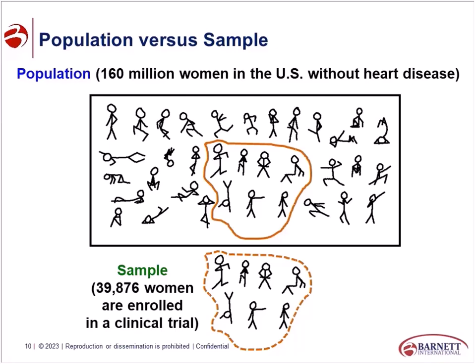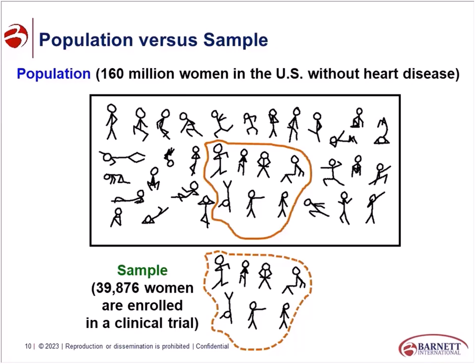One example we'll be looking at shortly is a study that was reported in the literature that showed that taking low-dose aspirin can actually prevent heart disease and cerebrovascular disease. There are currently 160 million women in the United States with heart disease. That's the population.